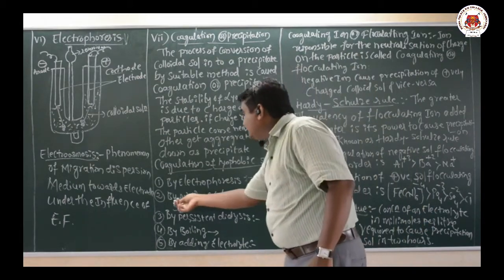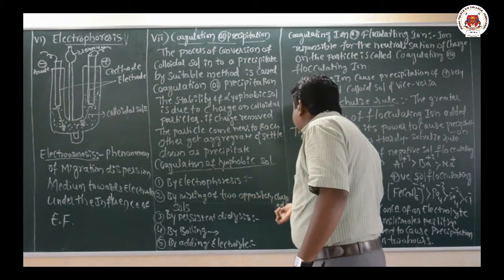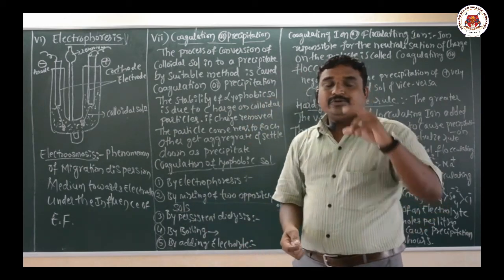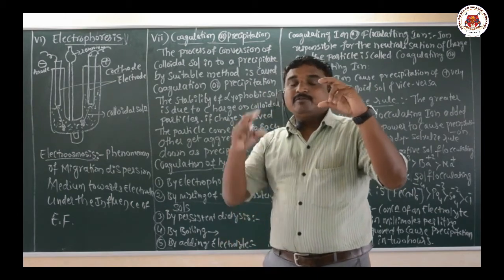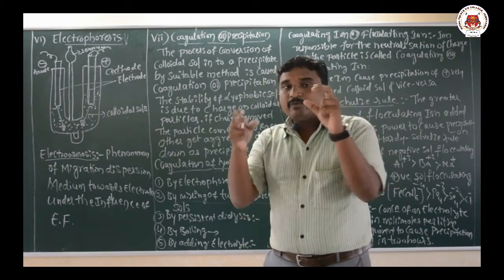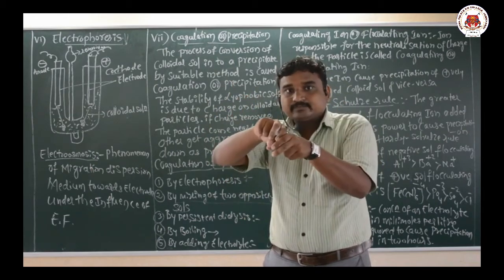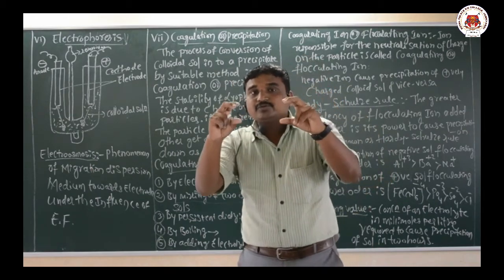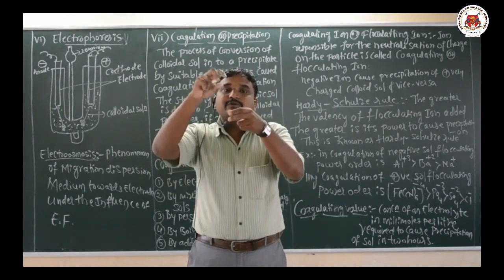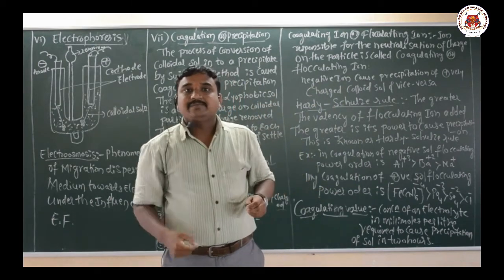Now the second one is by mixing of two oppositely charged colloids or sols. If you have an equal volume of positively charged colloidal solution and an equal volume of negatively charged colloidal solution, when we mix them in equal proportion, neutralization takes place.